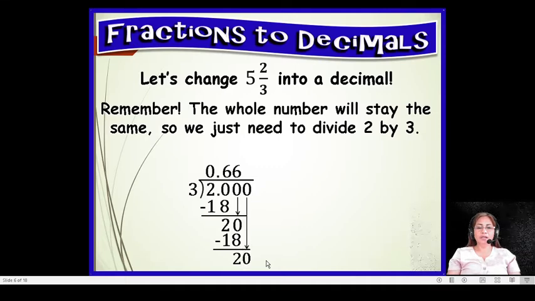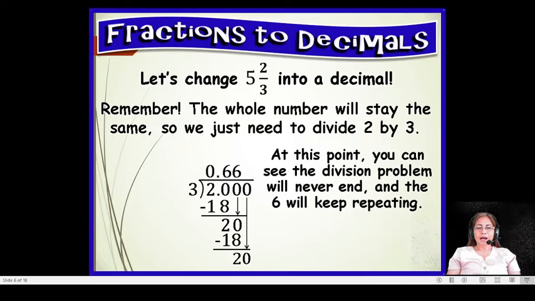Bring it down, 20. So, at this point, you can see the division problem will never end, and 6 will keep repeating. So, 5 and 2/3 equals 5 and 6/10. Why 6/10?